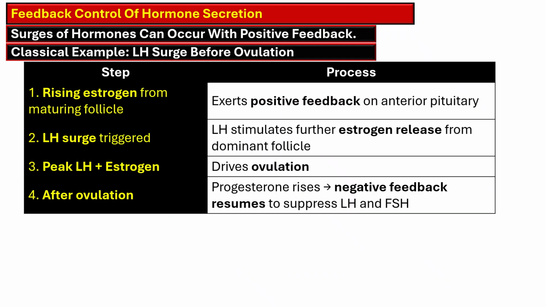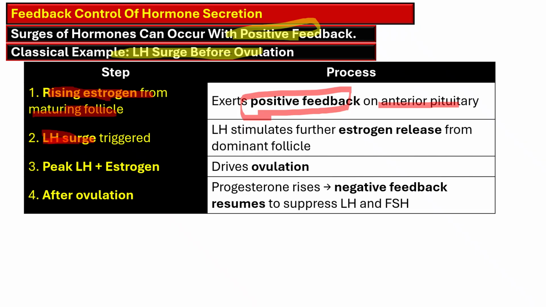Now, to enforce this concept of positive feedback, the classical example of this is the luteinizing hormone surge before ovulation. So here, the estrogen concentration from the maturing follicle rises, and this exerts positive feedback on the anterior pituitary, and the LH surge is triggered.